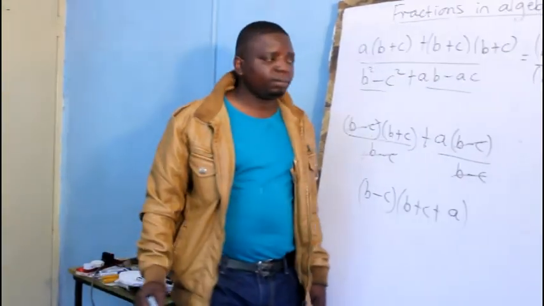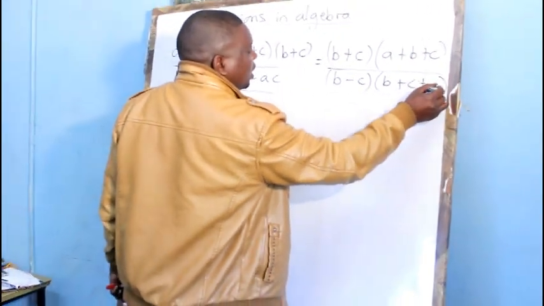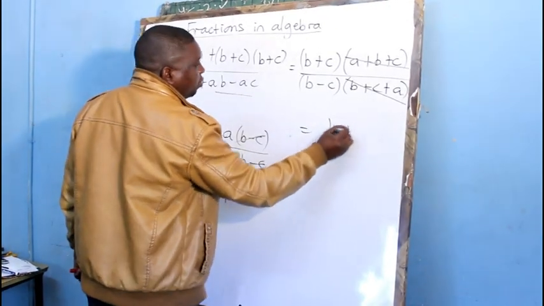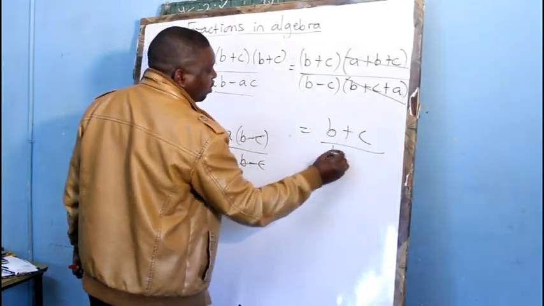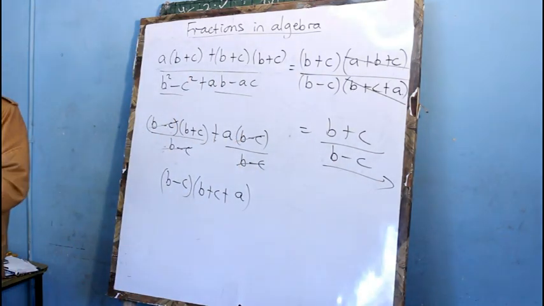A plus b plus c and b plus c plus a. So we cancel that, and we are left with b plus c over b minus c.